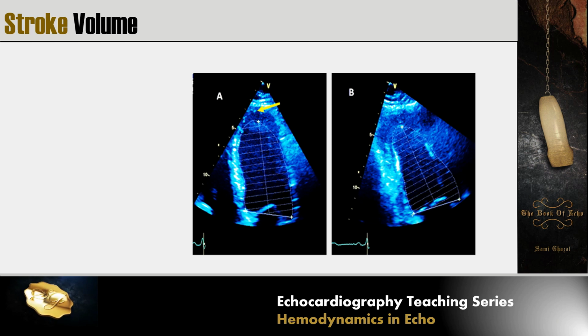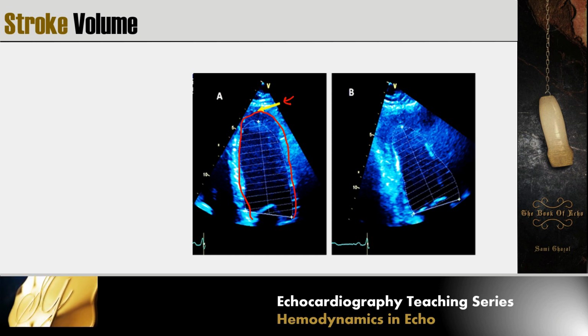Another way to get stroke volume of the LV is using the method of disc. So we trace the LV in end of diastole. We have an arrow here which is showing a mistake that the sonographer did not trace the LV accurately. So we trace the LV in end of diastole and end of systole utilizing the biplane.